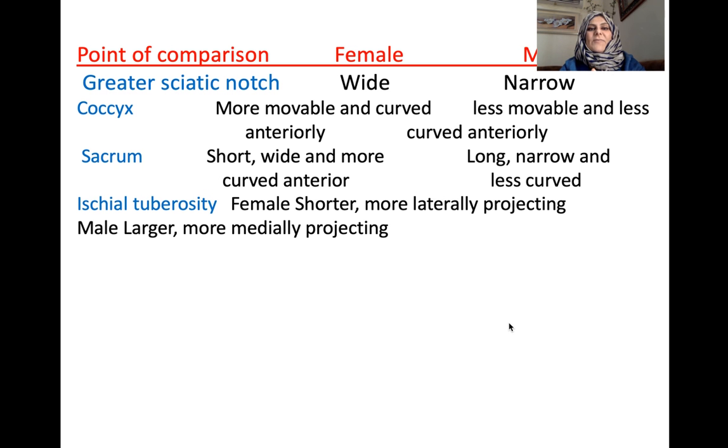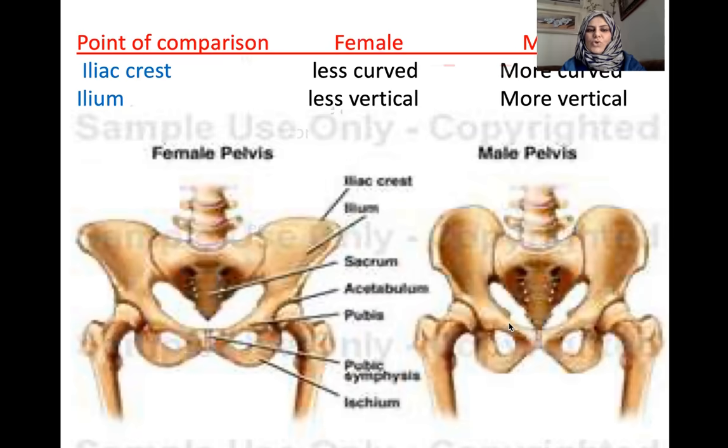The coccyx in the female is more movable, in the male it is less movable. The ischial tuberosity in the male is larger while in the female it is shorter.